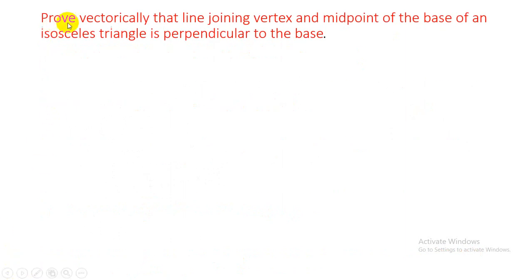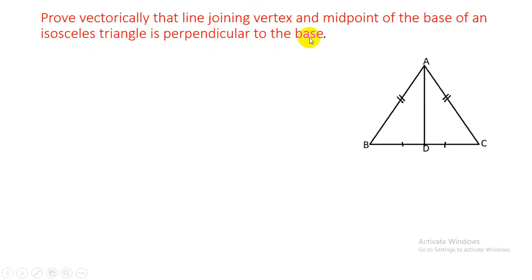Next question: prove vectorially that the line joining the vertex and midpoint of base of an isosceles triangle is perpendicular to the base.